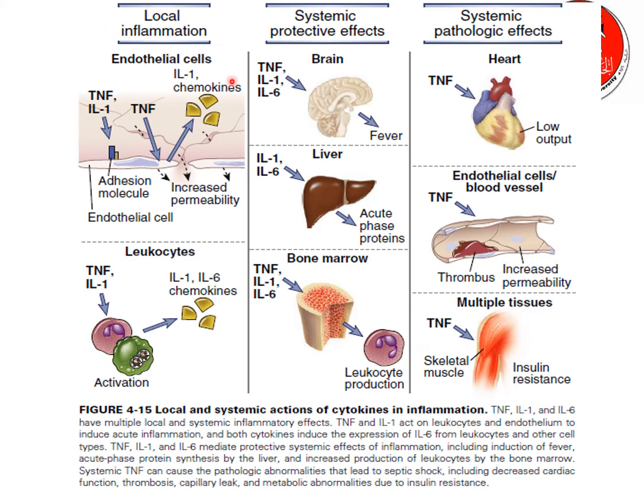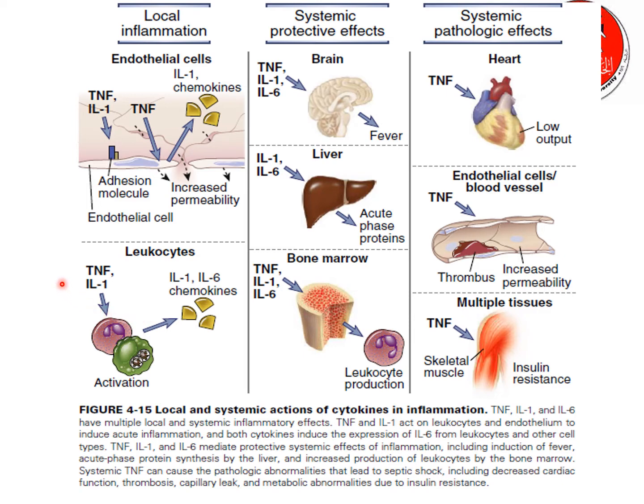So here we can see the local inflammation on the endothelial level. It's going to increase the permeability. It's going to lead to upregulation of the adhesion molecules on the inside of the vessels in order to lead to leukocyte rolling and extravasation.